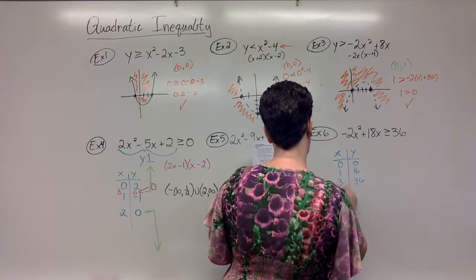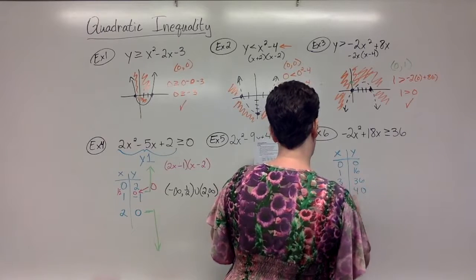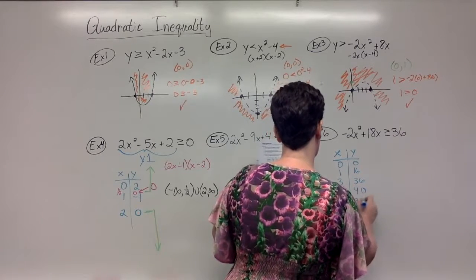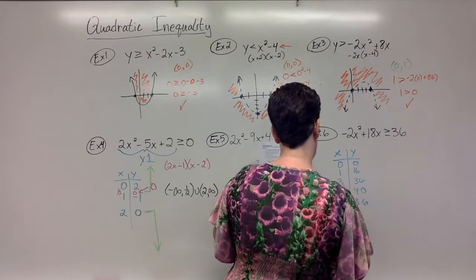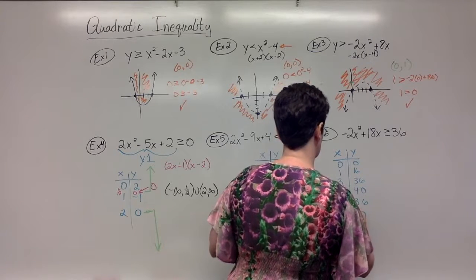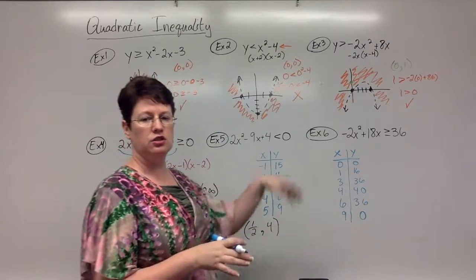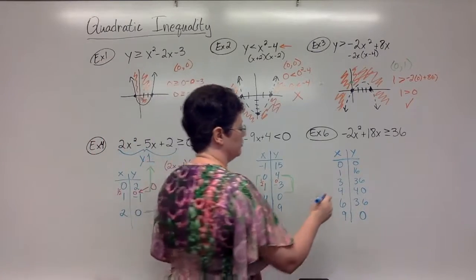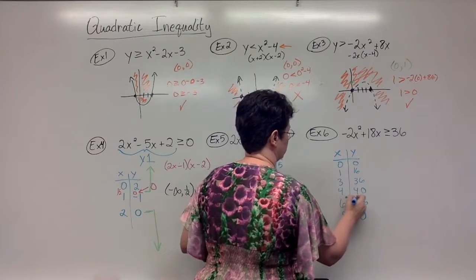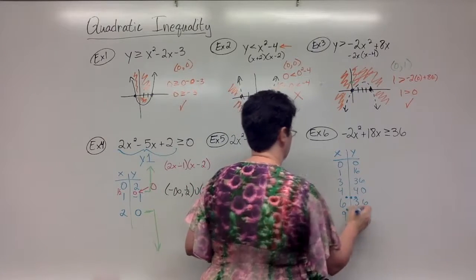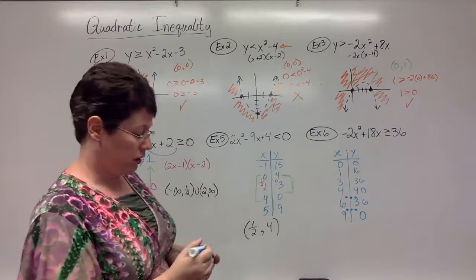I'm kind of skipping a little bit. 4 is 40. I'm going to skip down to 6. That's at 36. And 9 is at 0. Okay, so I know I skipped a few numbers in there. That's just so we don't have to write the whole table. If you want, you can put a little dot, dot, dot, so that you know you skipped some values in there.